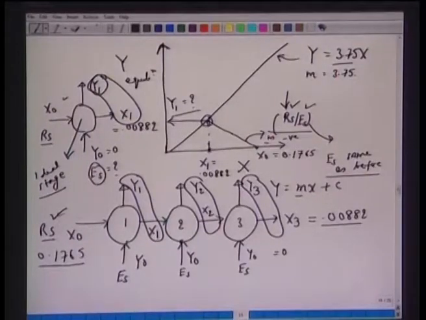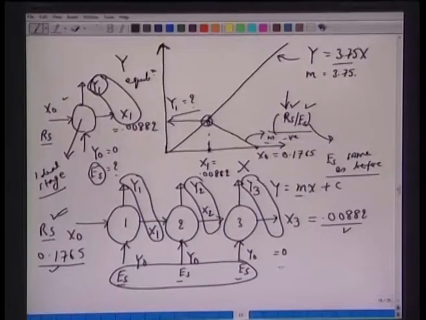Y1, Y2, Y3 are unknown. Es are also unknown. Y0 is 0, and we have been asked to determine the solvent flow requirement, Es plus Es plus Es or 3 Es equal to what, and compare to the previous value which we obtained as 4,306 kg per hour. So that's the problem.